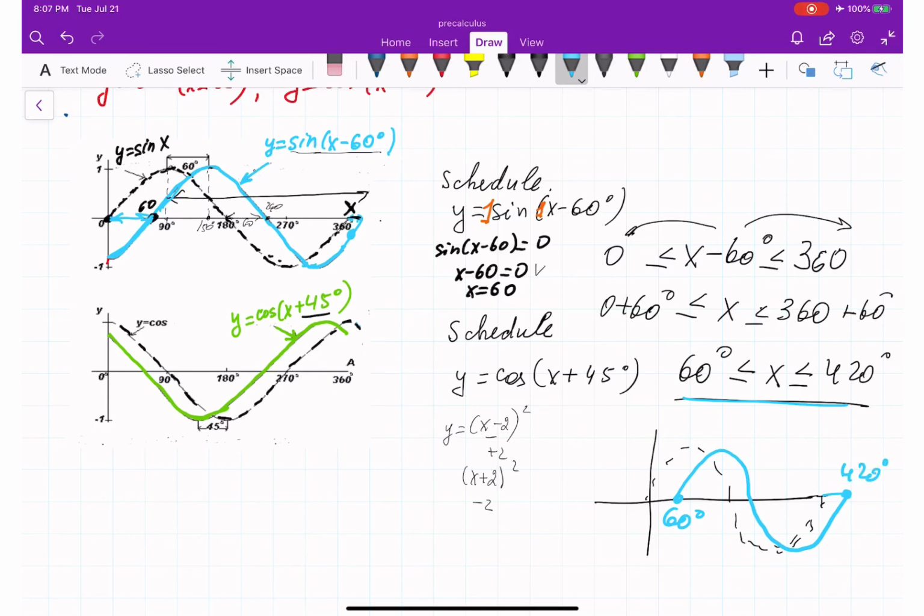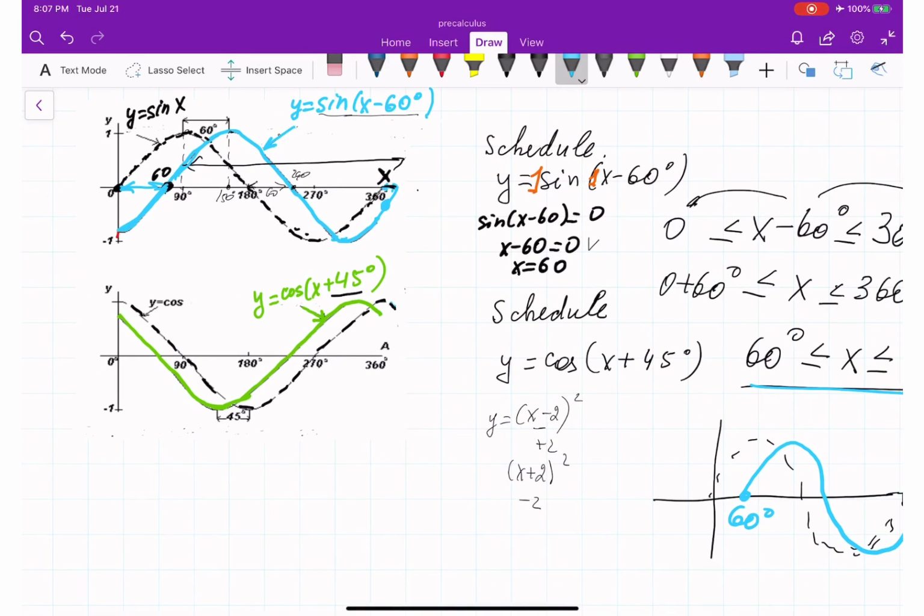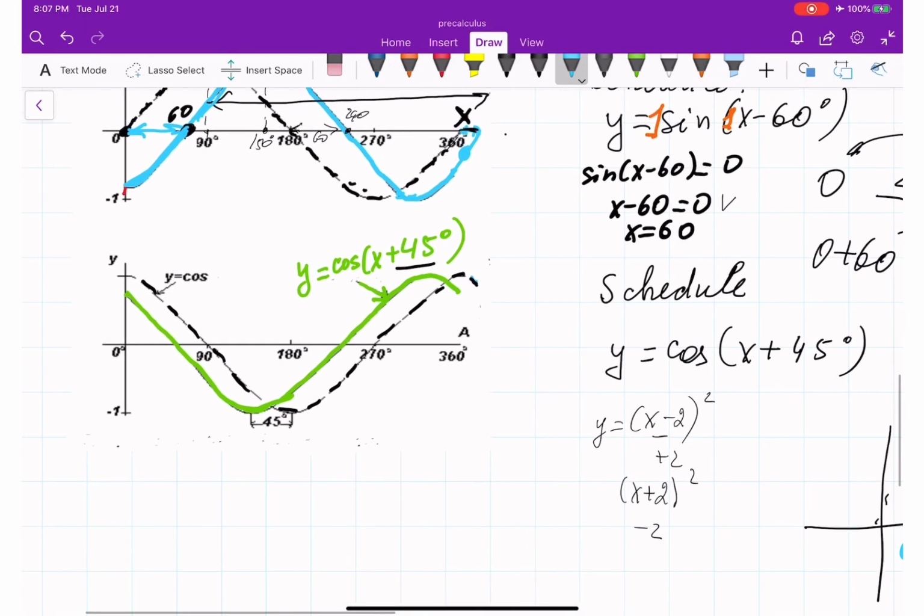The same way, it's going to be cosine x plus 45 degrees. We draw cosine first, which is this black one. Black color is our cosine. When we have plus 45, that means we are going to shift towards the left.